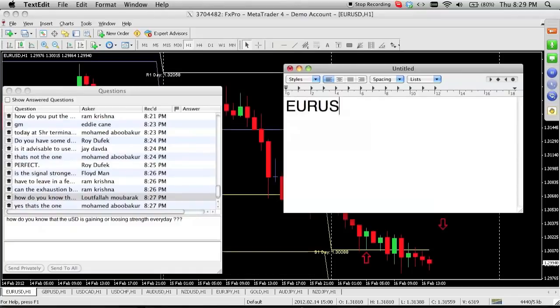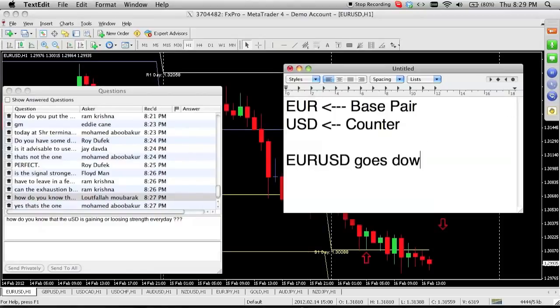like Euro USD, whatever you see on the left is called the base, and what you see on the right is called the counter. So if the Euro USD goes down, that means the US dollar has strength.